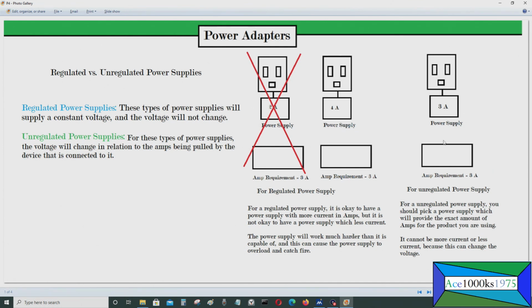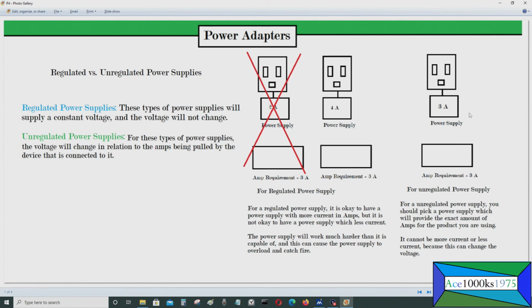So for an unregulated power supply, it has to supply the exact amount of amps in relation to what you're using it for. So if it's a 3 amp requirement, then you should pick a power supply that has 3 amps at 12 volts, if it was 12 volts.